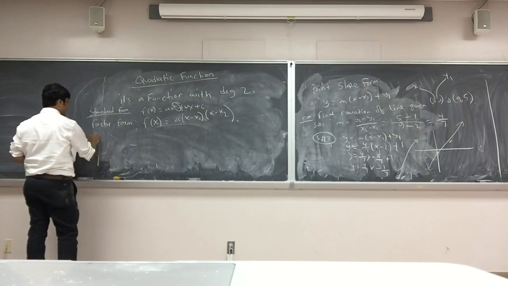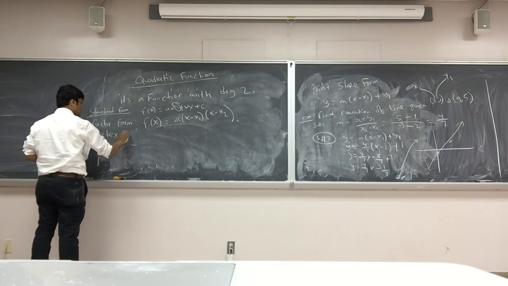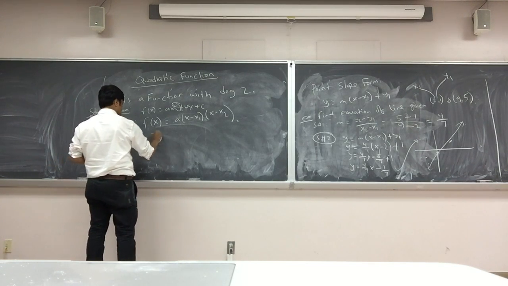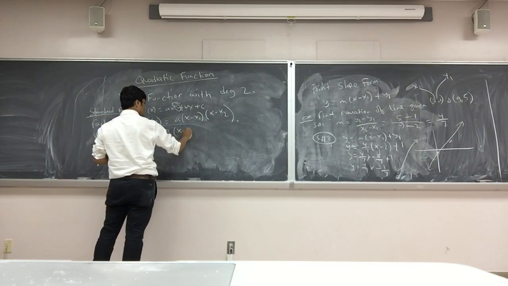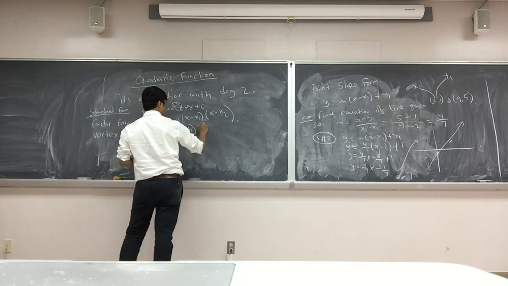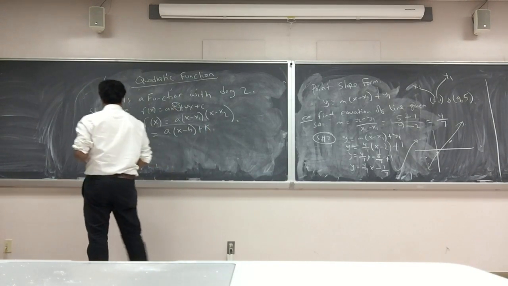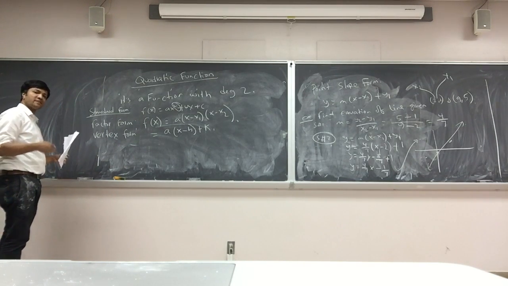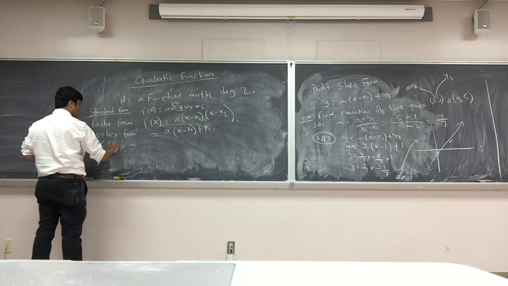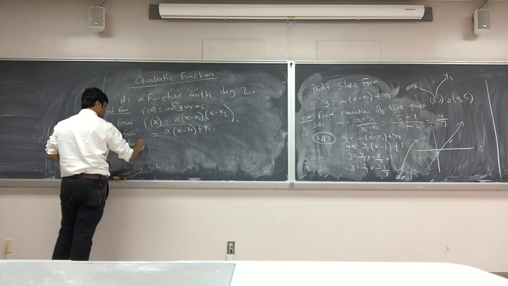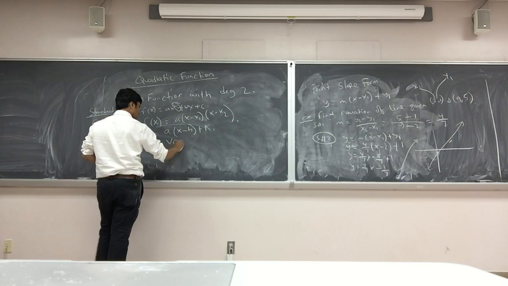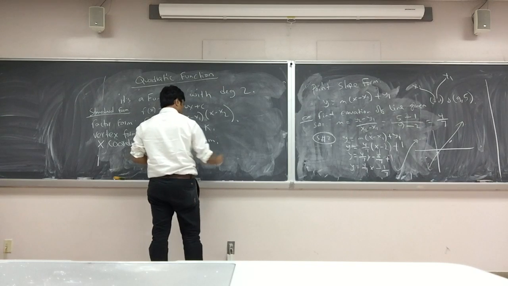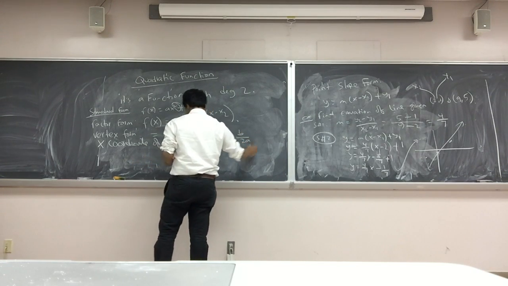What about the vertex form? And what about the x coordinate of the vertex? x equals minus b over 2a.